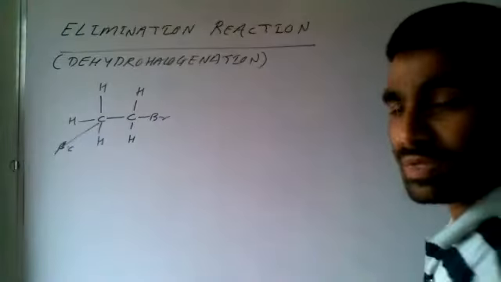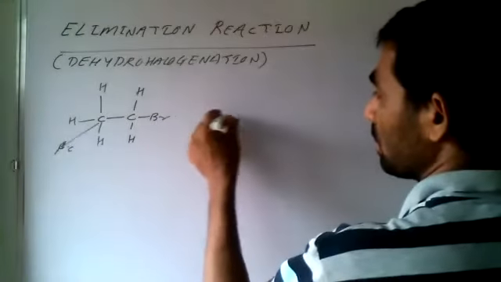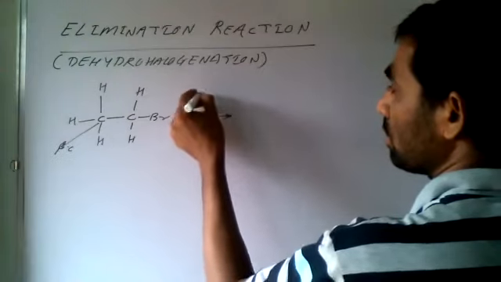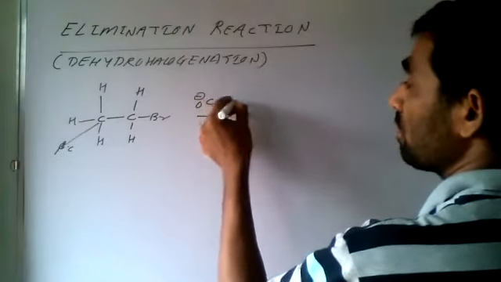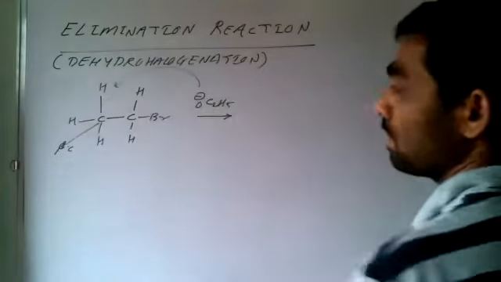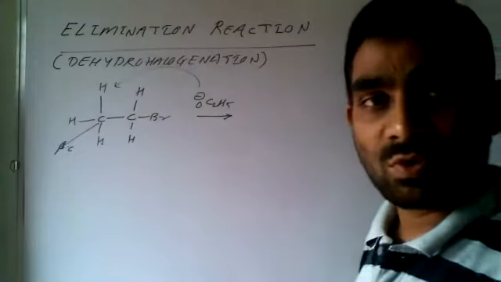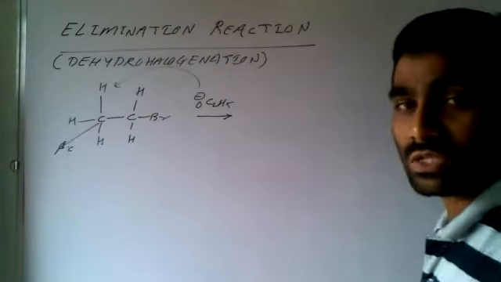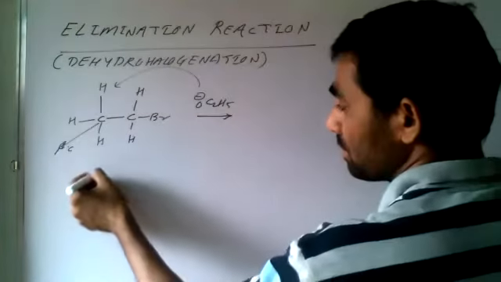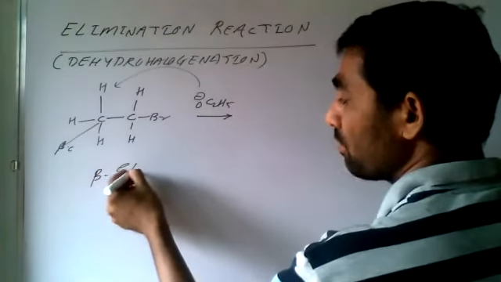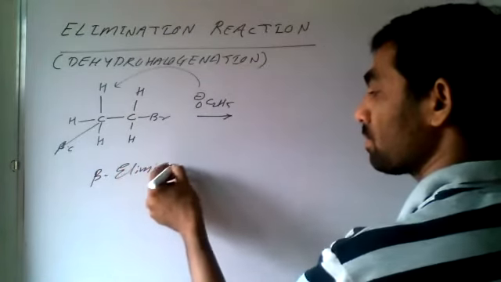So the beta carbon is being attacked by this alkoxide ion, which is a very strong base. So the beta carbon is involved in the reaction. Therefore, this reaction is also called beta elimination. What is the meaning of beta elimination reaction?